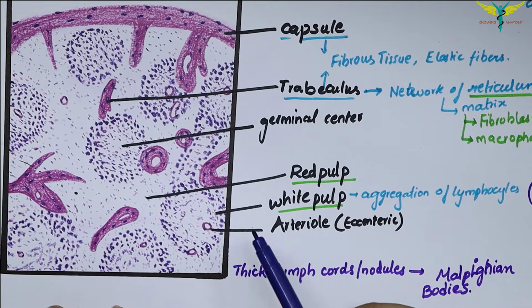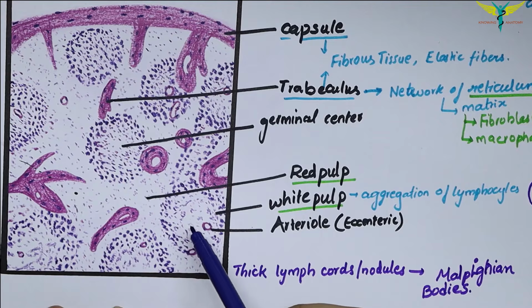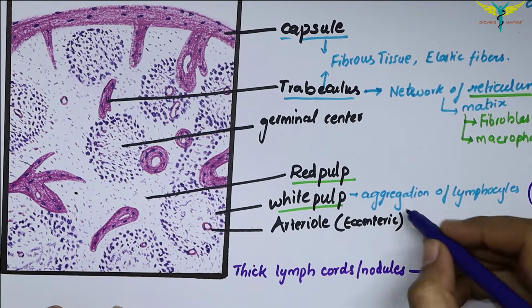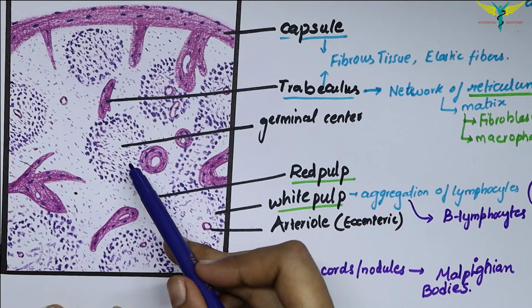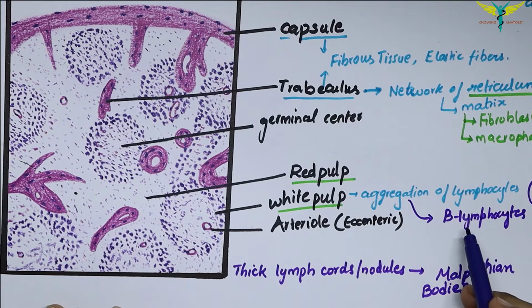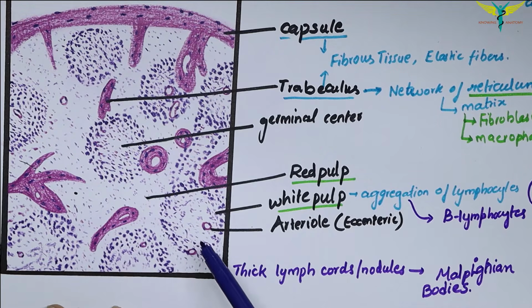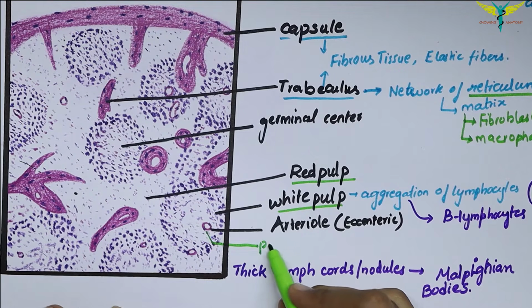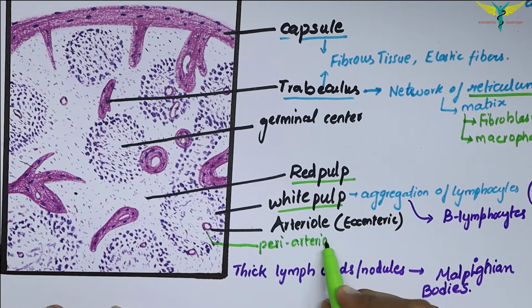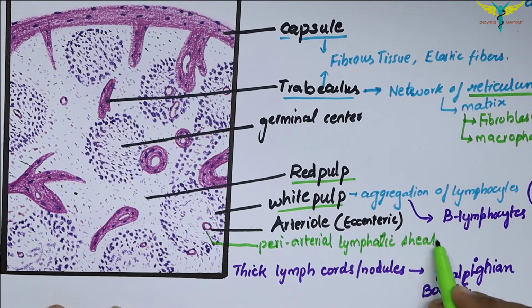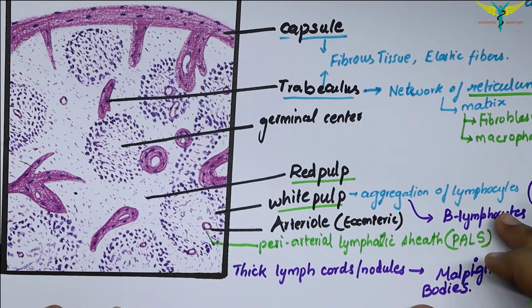That means the lymphatic nodules of this white pulp are aggregations of B lymphocytes, and the germinal centers are the areas where these B lymphocytes are dividing, and the lymphocytes surrounding the arteriole are referred to as the periarterial lymphatic sheet, that is also called PALS. And the lymphocytes of PALS are chiefly T lymphocytes.